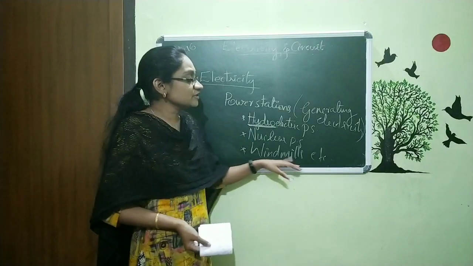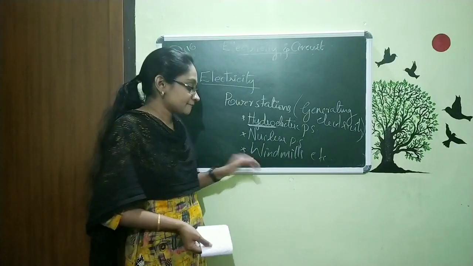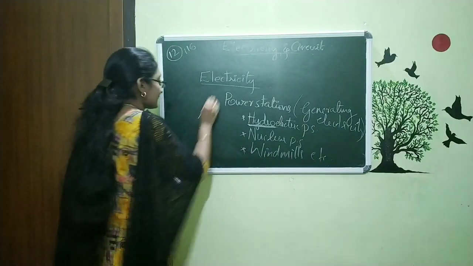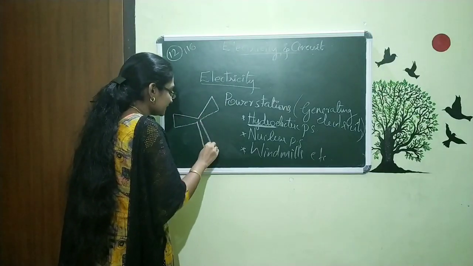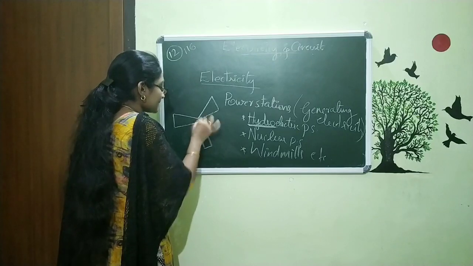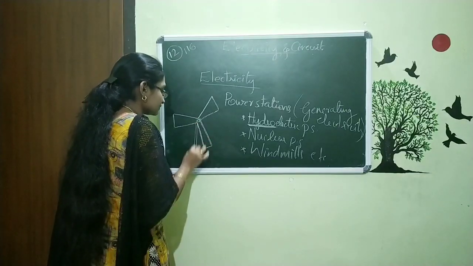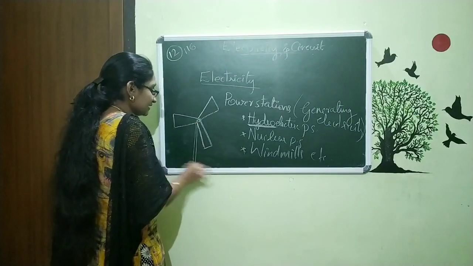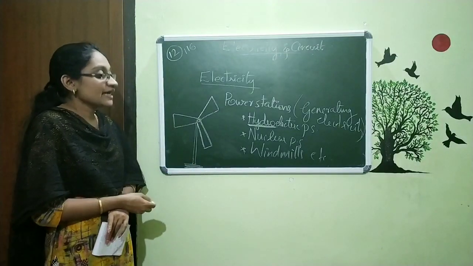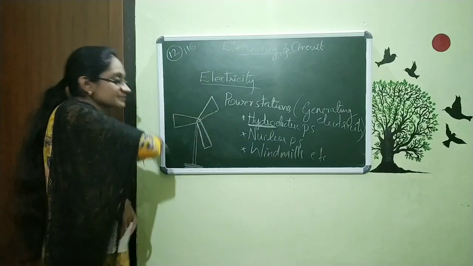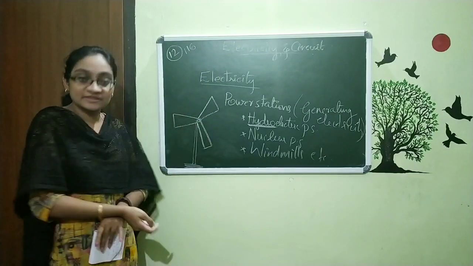And this windmill you already studied in the 5th standard. What is this windmill? It has big wings or leaves, and they are kept in some region having high wind. And when these leaves are rotating, what happens?